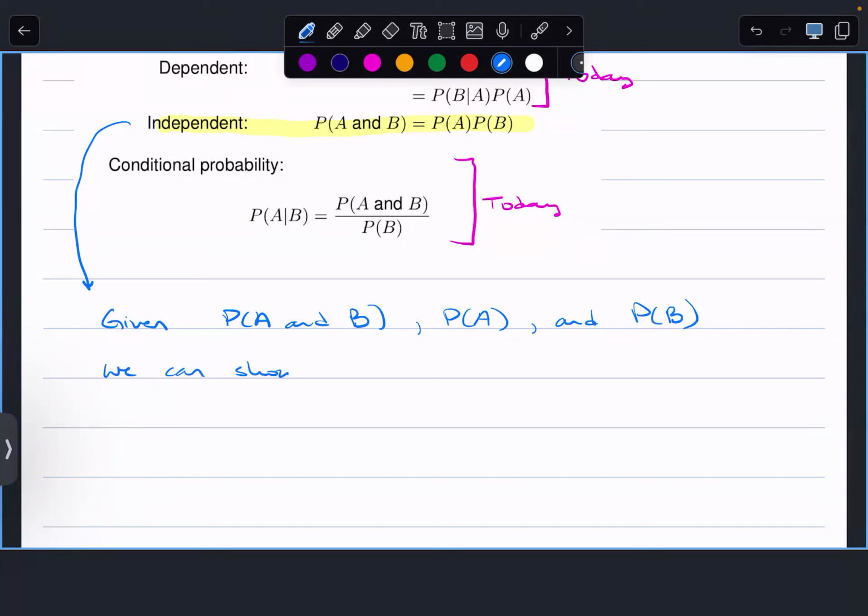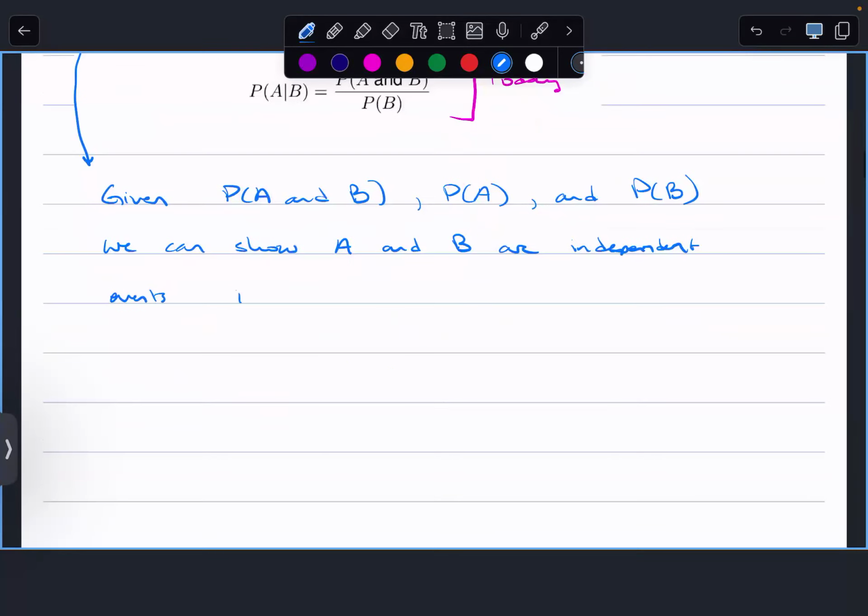We can show A and B are independent events if the probability of A and B is equal to the probability of A times the probability of B. They must be exactly equal.